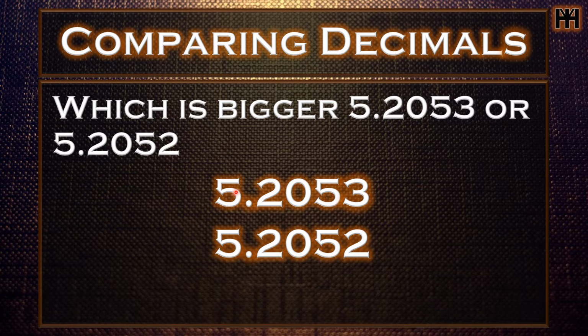Then we'll go each time one digit to the right. So we'll start here. 5 is equal to 5. Here 2 is equal to 2. 0 is equal to the 0 and 5 is equal to the 5. Here 3 is greater than 2, so 5.2053 is greater than 5.2052.